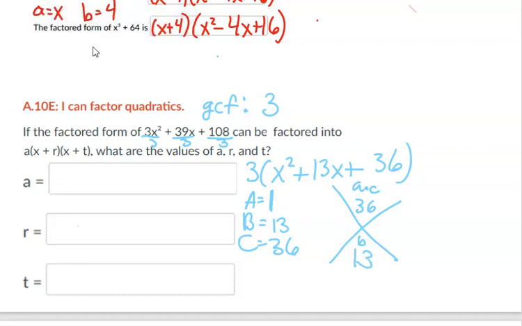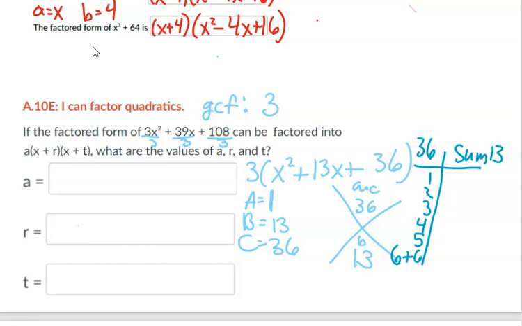We will find two numbers that multiply to give you 36, and they add to give you 13. If you're not sure right away, you could also list factor pairs. We know that 6 times 6 is 36, so we don't need to go on to 7. So our factors need to give us 36, and we need to get a sum of 13.